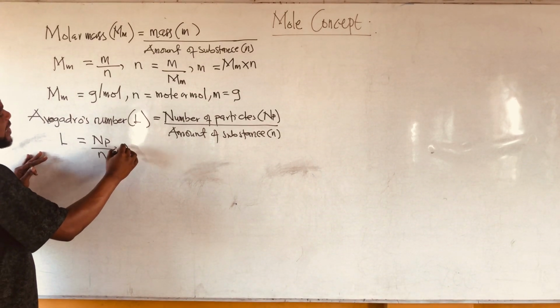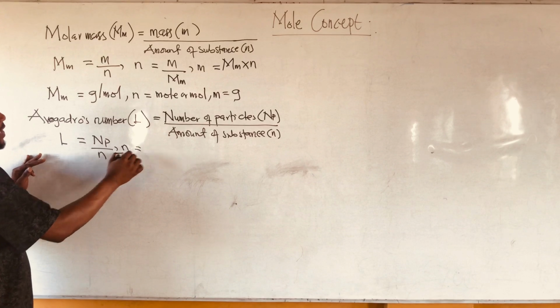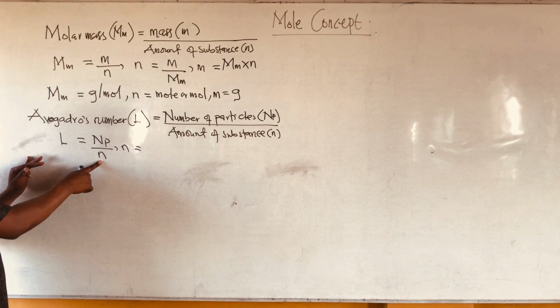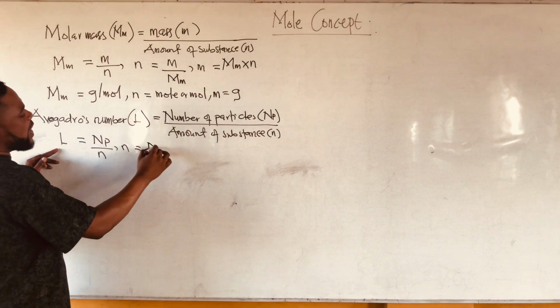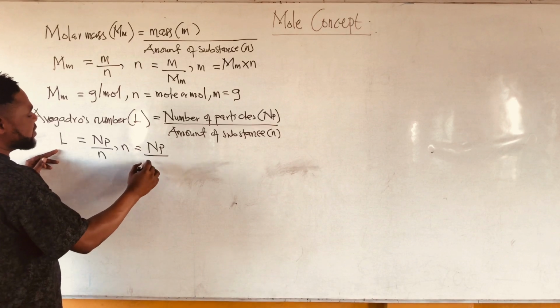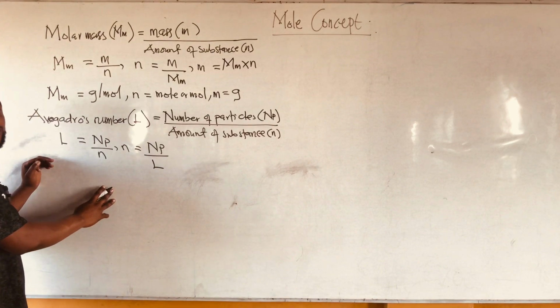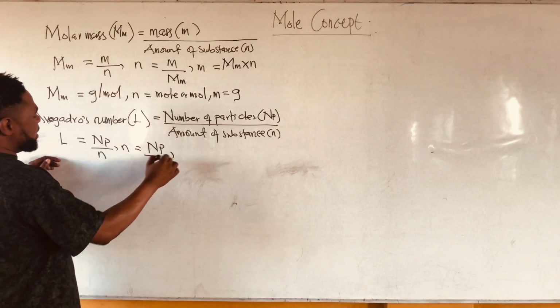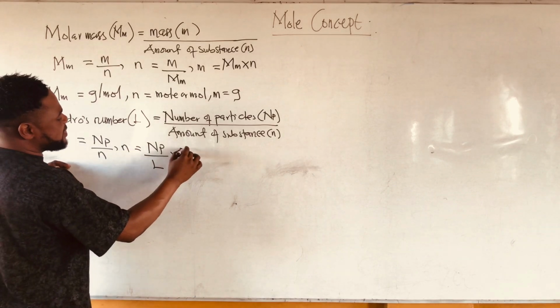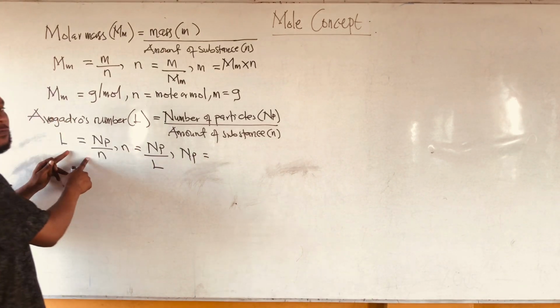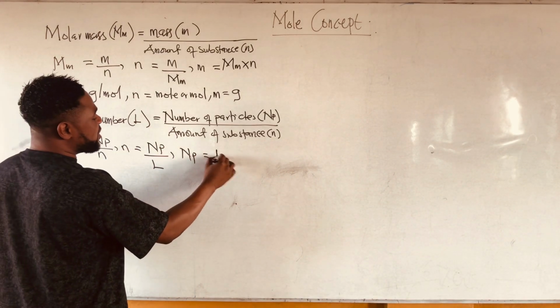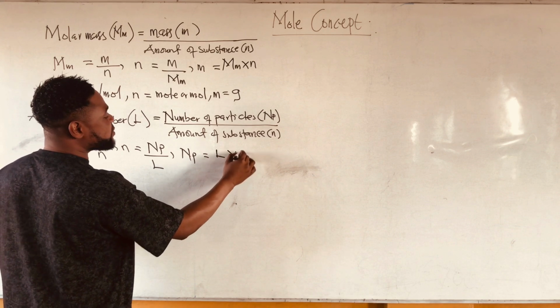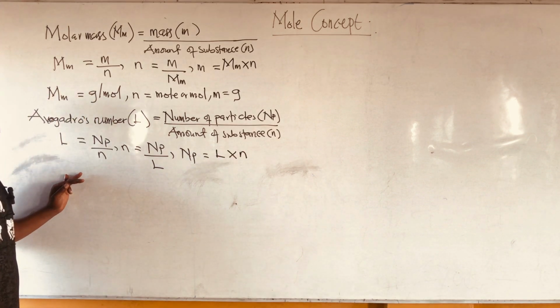Again, we can make N the subject. When we make N the subject, which is amount of substance, we have number of particles divided by Avogadro's constant. We can also make number of particles the subject, which is Avogadro constant times amount of substance.